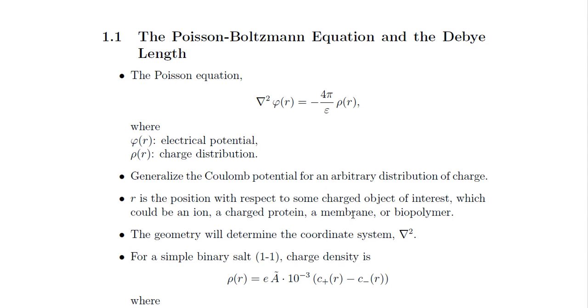If we have a charged protein, what happens to the ion that is at distance R1 from this charged protein, and what is the Coulomb potential of, say, another ion that is at distance R2 from this charged protein?